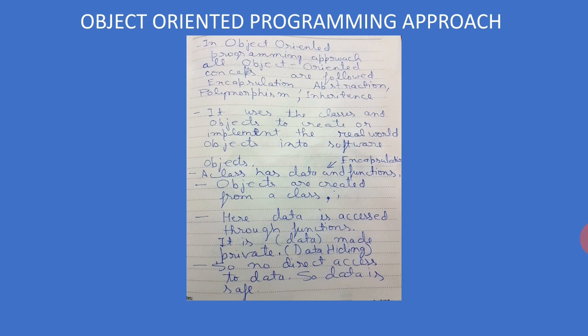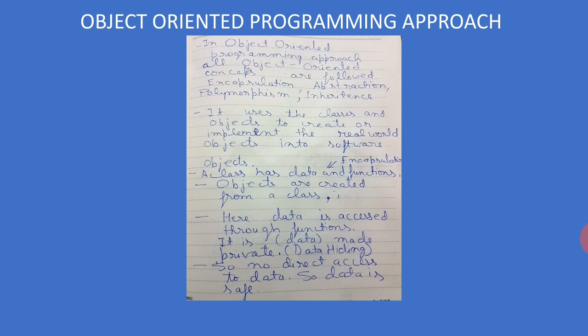The concept of classes and objects has been introduced with this approach, and because of this, what is the advantage? That we are able to implement any real world object as the software object. Suppose you got a pen on your table right now, so that is a real world object. Now I create a class in Java named pen, so that is now a program.